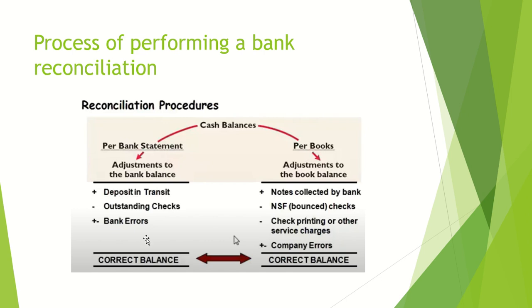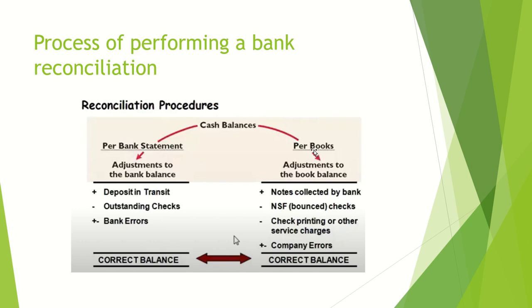Now we move down to outstanding checks, and they're pretty much different. They're similar to deposits in transit, except that you're subtracting outstanding checks from the bank balance. On the book side, this is where the company is writing out the checks. They have a lot of checks written, and they are sending those checks away.